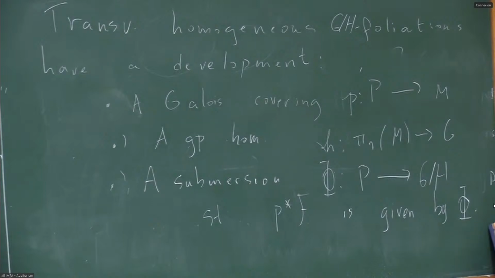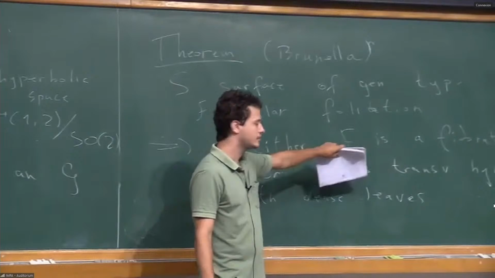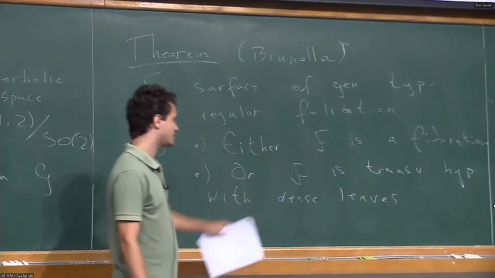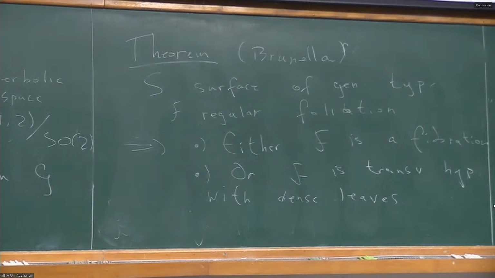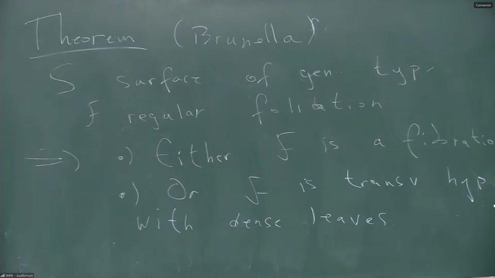So how does Brunella prove this theorem? He needs to show that if F is not a fibration, then F is transversely hyperbolic with dense leaves. And how does one show that F is transversely hyperbolic? His idea was the following. He proves two lemmas.